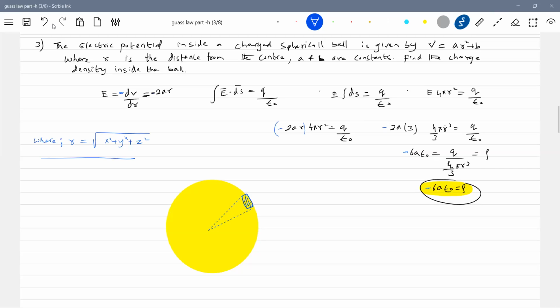This will be the ds, that one. Here it will be n cap and the field will be radially outward, no? So this will be E bar. So let this be ds. The field E equal to minus 2a r. Okay, I think it will be radially inward.